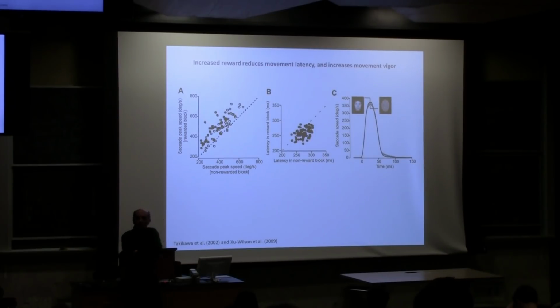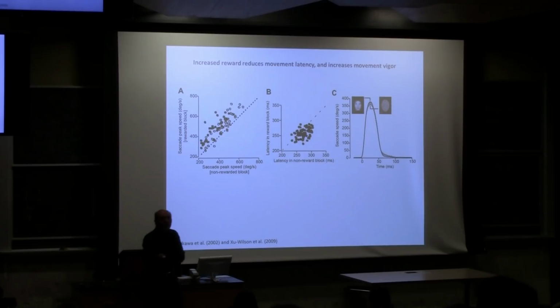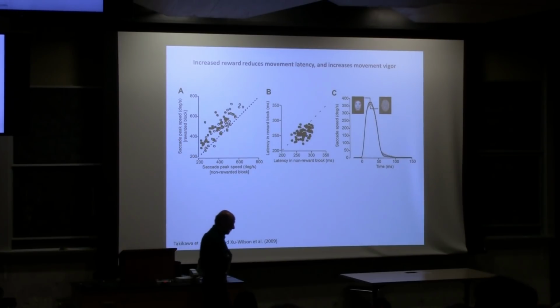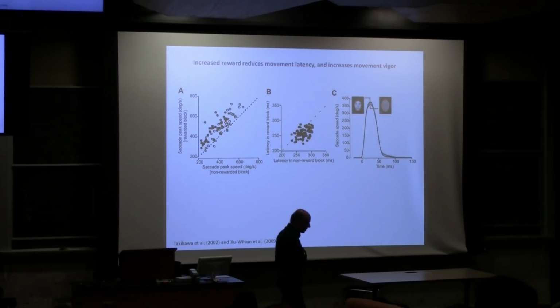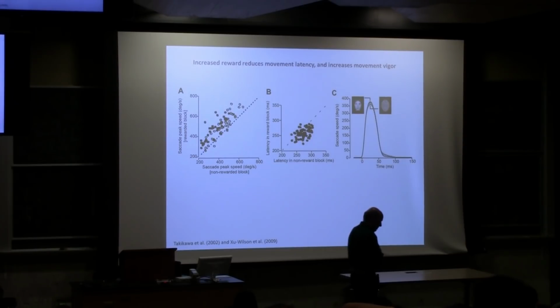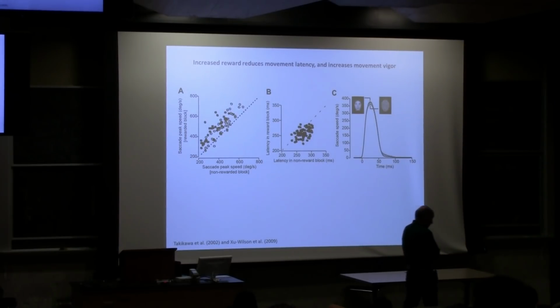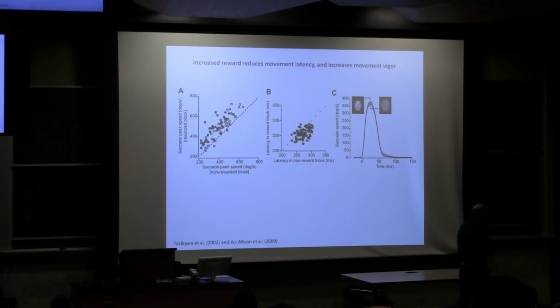Now that we have some set of mathematics to think about what's happening in the reaction time, let's look at some data to see how the things that we've been talking about, like reward and effort, alter that reaction time. The left part of this data that I'm showing you is from monkeys.